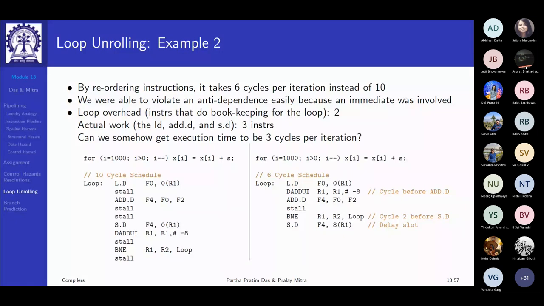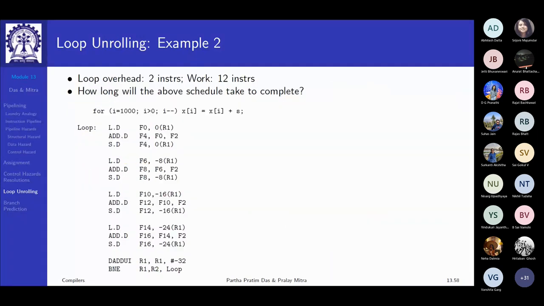So that will come to somewhere around 22% or something. What if I unroll it 4 times? I'll have 12 workload instructions and 2 overhead instructions. Okay. So that is the basic idea, that as I unroll the loop more, per iteration, the overhead goes down, provided, of course, that I can manage the stalls by the unrolled instructions. Right? So let us try to do that.